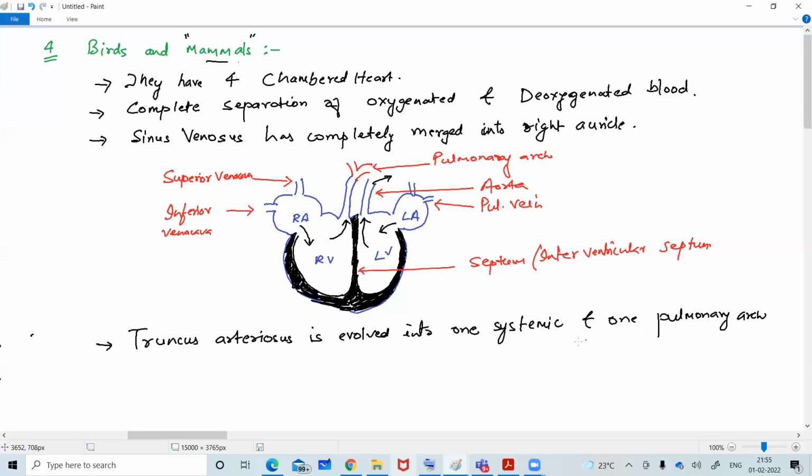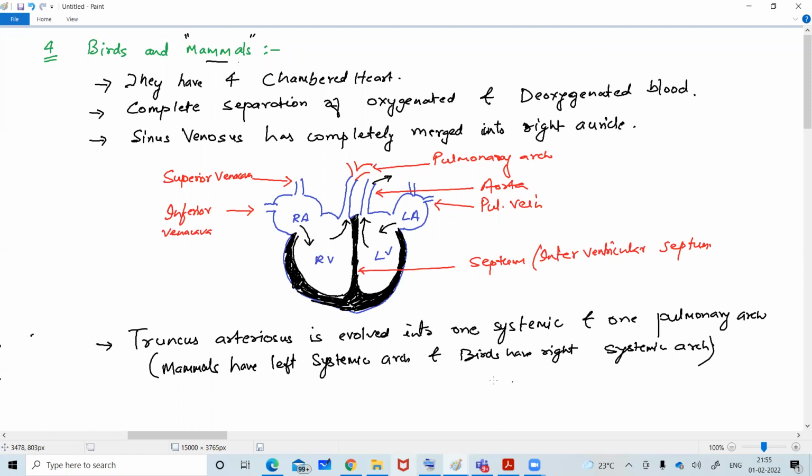That means mammals have left systemic arc while birds have right systemic arc. That's the only difference here. So in bracket you can say that mammals have left systemic arc and birds have right systemic arc. That's the only difference in the structure of the four-chambered heart in the mammals and birds.